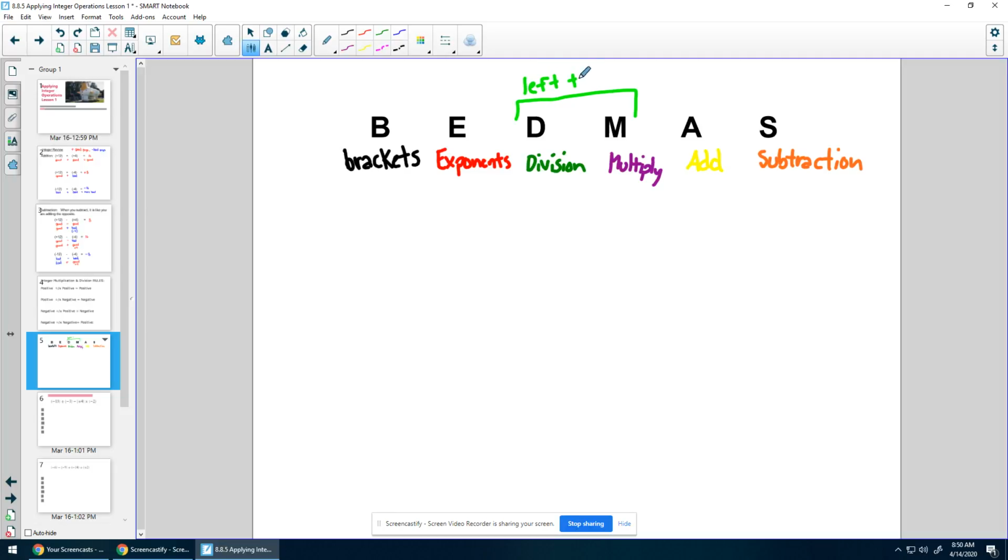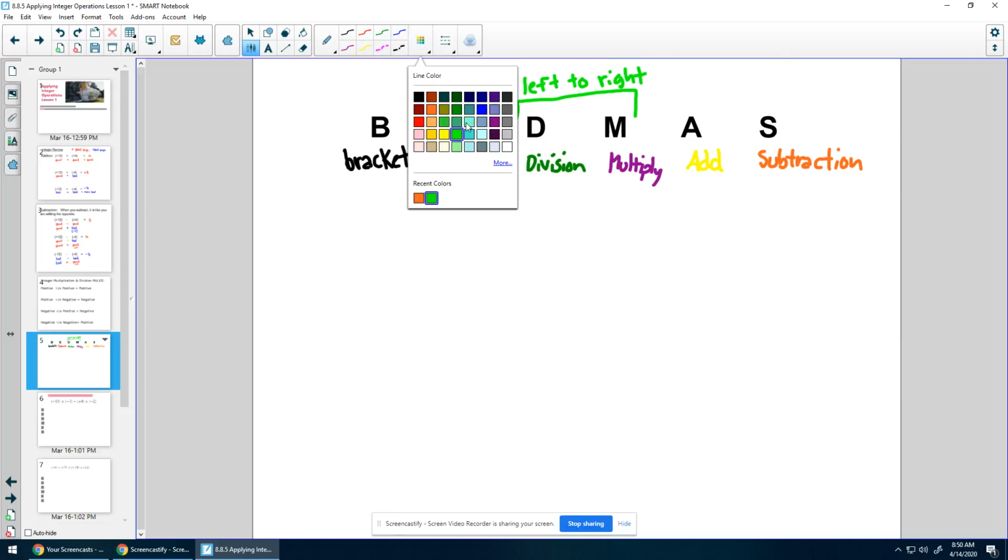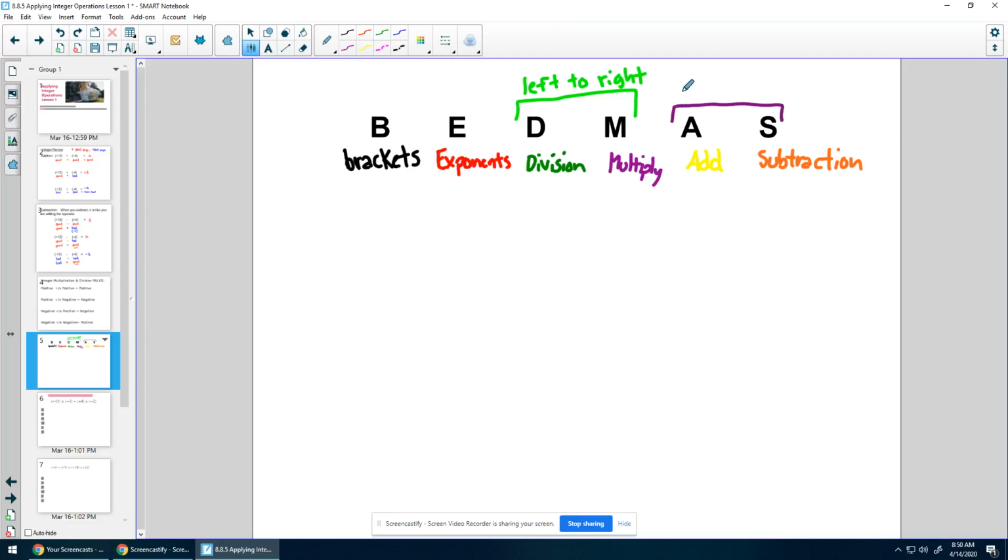Left to right. And then we have addition or subtraction, and that is also left to right.